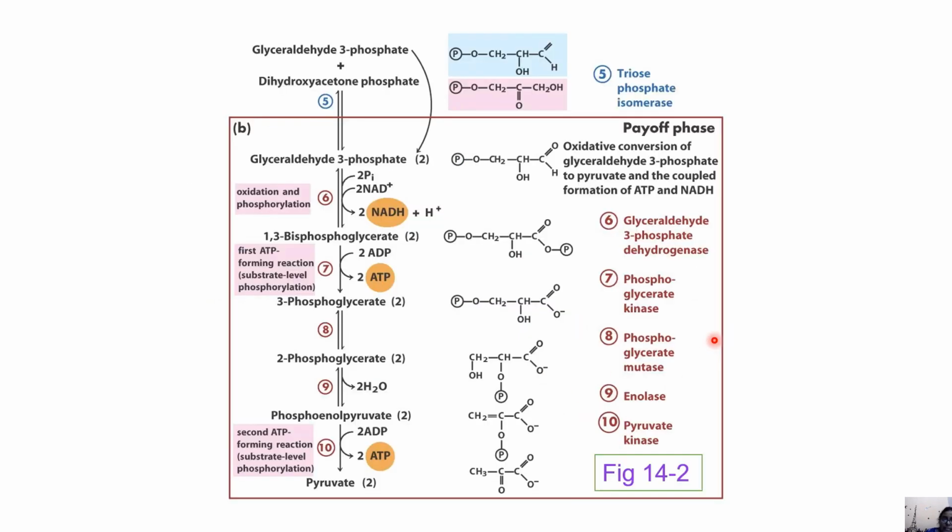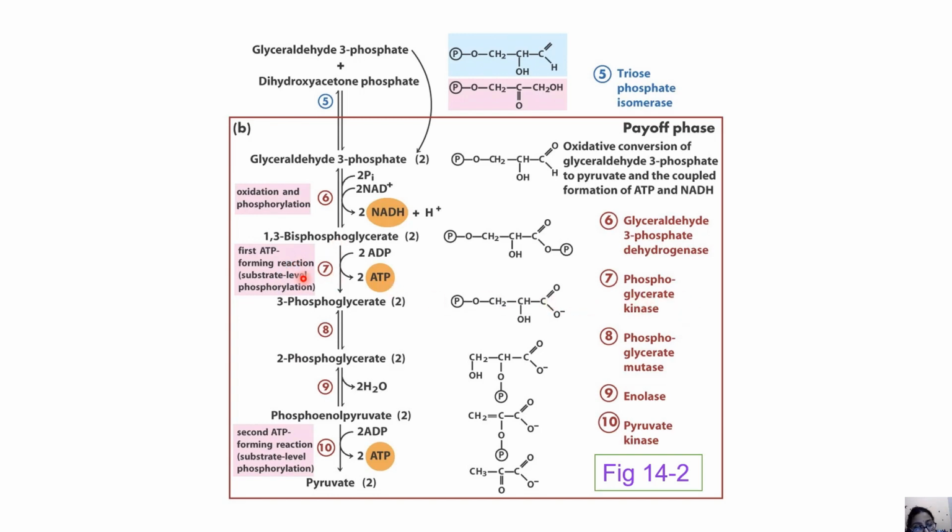There is a payoff phase, where oxidative conversion of glyceraldehyde 3-phosphate to pyruvate and the coupled formation of ATP and NADH occur. In the first step, oxidation and phosphorylation occur, and the enzyme is glyceraldehyde 3-phosphate dehydrogenase. Then the first ATP forming reaction, substrate level phosphorylation, occurs when 1,3-bisphosphoglycerate is converted to 3-phosphoglycerate, and the enzyme is phosphoglycerate kinase.